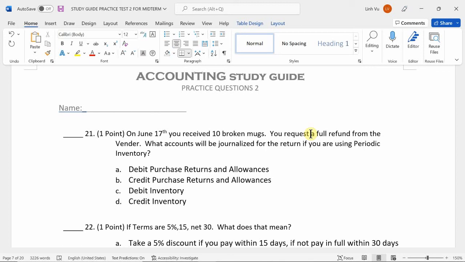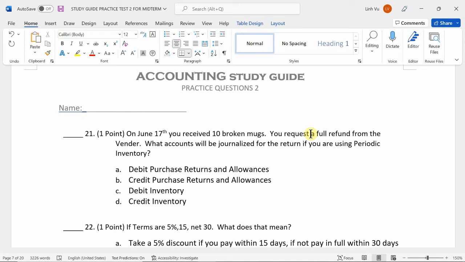In this case, periodic inventory, remember, is an expense account. We need to refer to it as an expense account. And you can't really undo certain expense accounts, so this is going to be one of them. So you need to create a contra account.